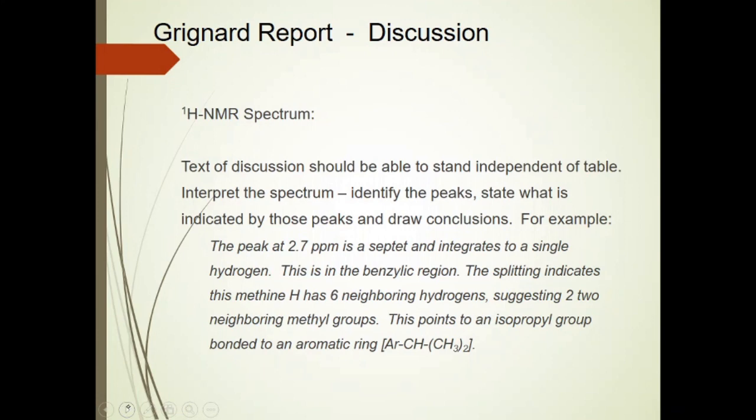You could also say that this is hydrogen D. This corresponds to hydrogen D. So you're making that correlation as to which hydrogen you are looking at with this particular peak. But always start with the data. Start with the spectrum. What is the chemical shift? What is the splitting? What is the integration? And then go from there and draw your conclusion from that.